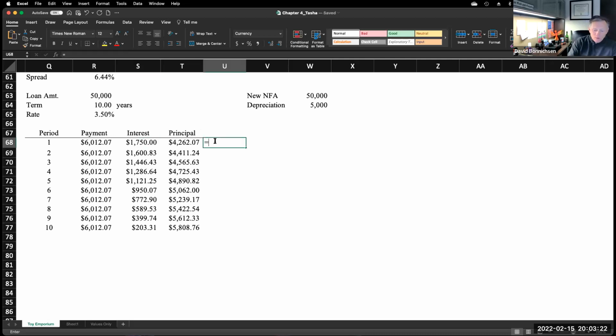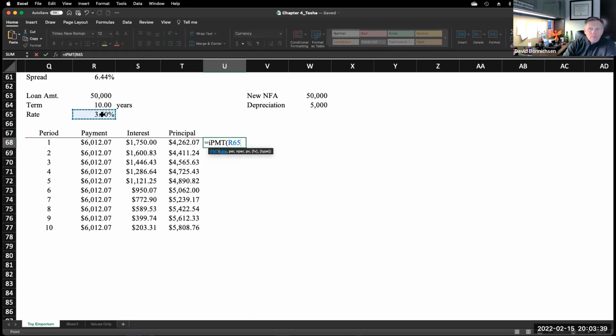So if we look at equals IPMT, again, Excel, just give me the data that I need to calculate this for you. We have the rate, which I'm going to fix.